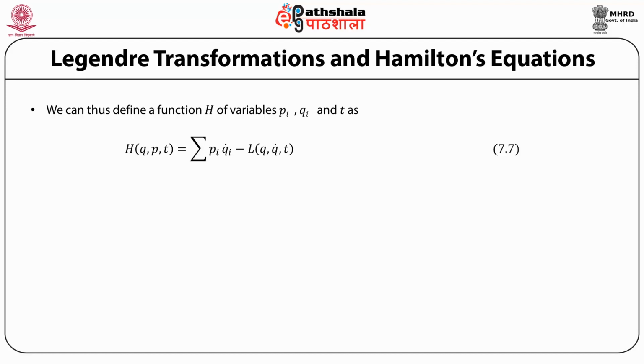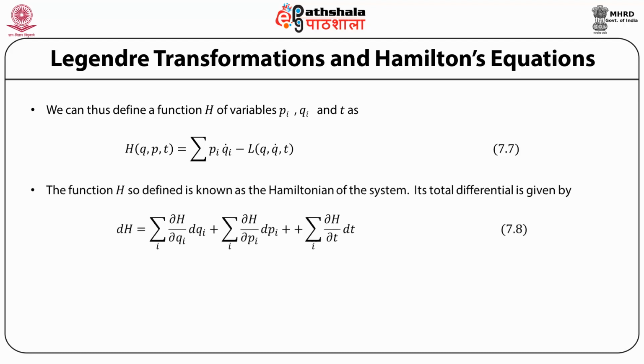So h, a function of q, p and t, is defined as sigma p_i q_i dot minus the Lagrangian, which is a function of the generalized coordinates and the velocities and may also depend on time. The function h so defined is known as the Hamiltonian of the system.